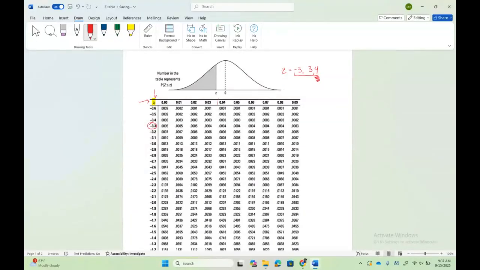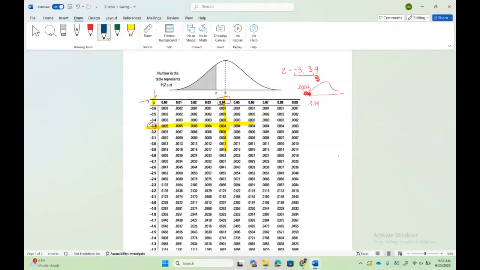So I would find where there's a 4 in that 100th space, and then find where these 2 things overlap. So the area to the left, if z was negative 3.34, is this little chunk right here. That area is 0.0004.